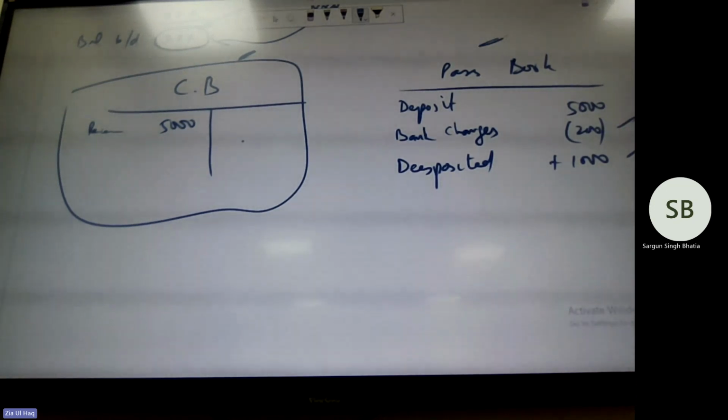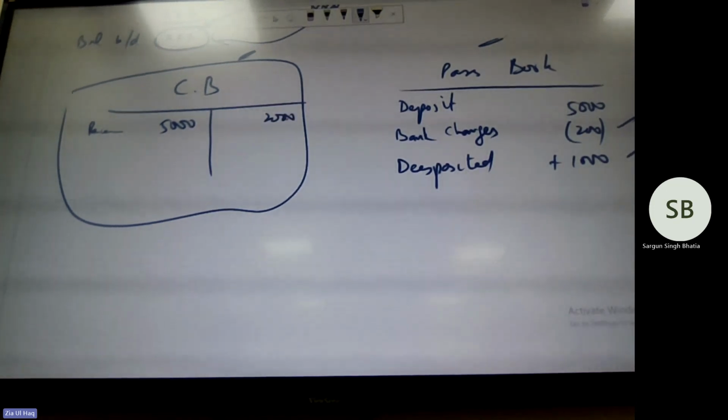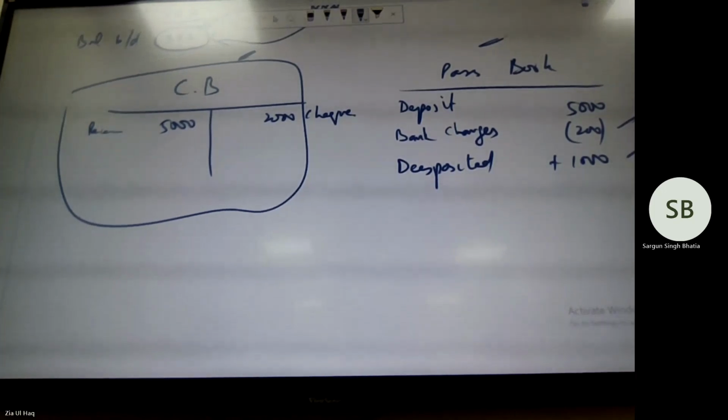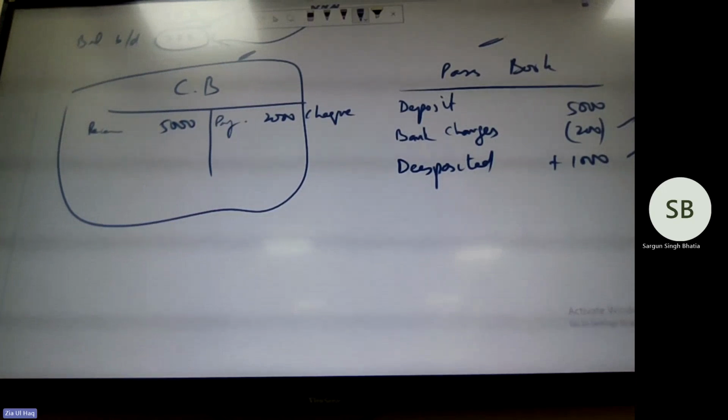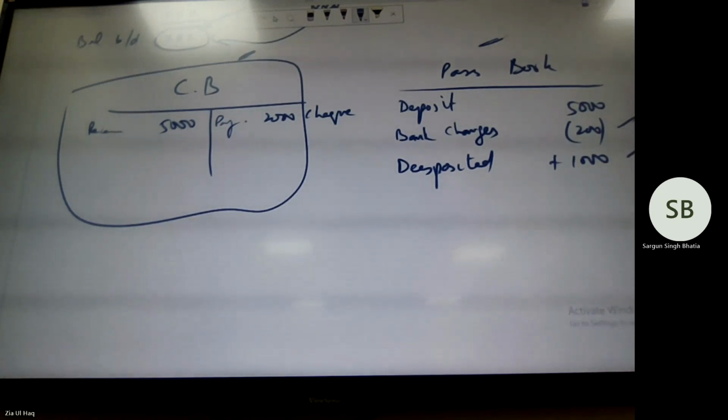Suppose we need to pay a supplier, say 2,000 pounds, and we paid him through check. We recorded a 2,000 payment in the cash book. But he didn't deposit the check to the bank till now.